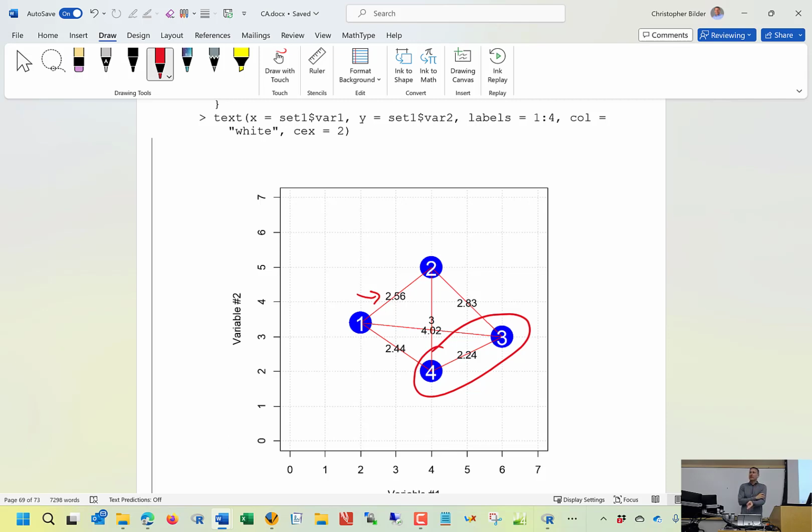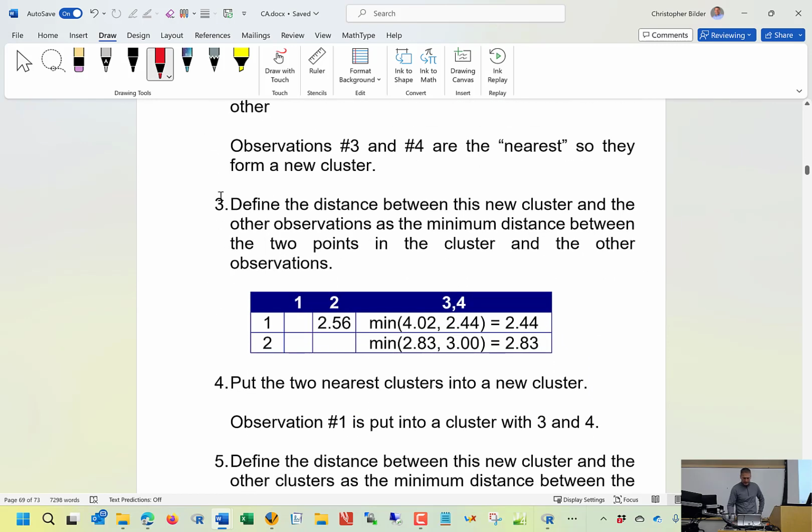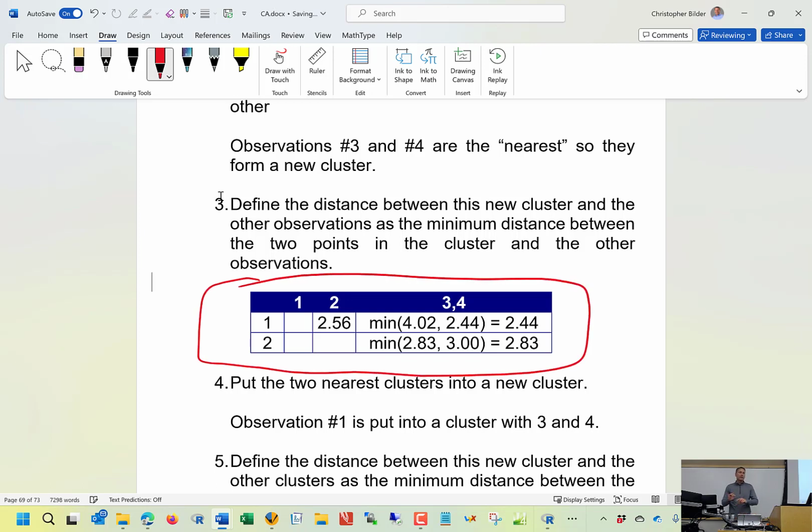Now the clustering process continues. I need to decide which clusters I am going to merge next. What the nearest neighbor method says is find all the distances between the clusters, and that's what I've done on page 12. The distance between the cluster that has just 1 in it and the cluster that has just 2 in it is just the distance of 2.56. But what's the distance between the cluster that has just observation 1 in it and the cluster that has 3 and 4?